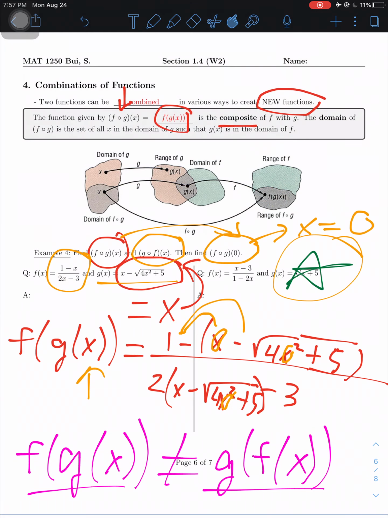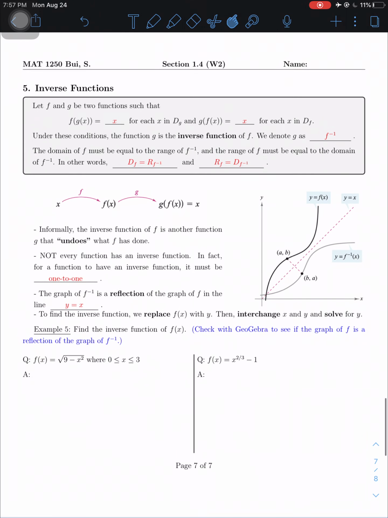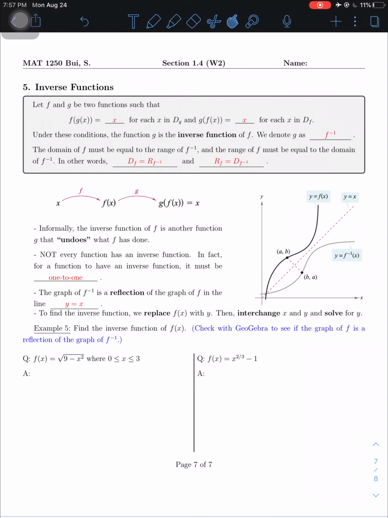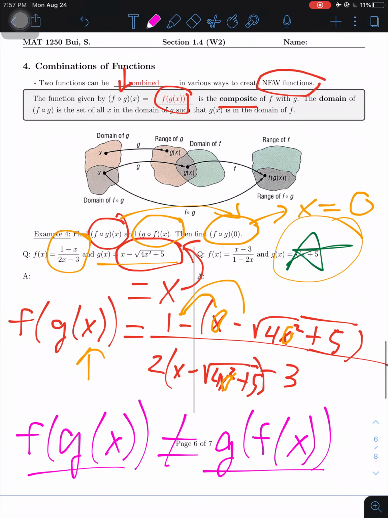All right, let's talk about the last objective of the day: inverse function. I can guarantee you that this is going to be on the test. Oh, one more thing before I move on. You might ask me why I didn't say anything about this picture right here. This picture tells us that if you have f of g of x, you plug g into f to get the function f of g, and then the remainder depends on f and then g.